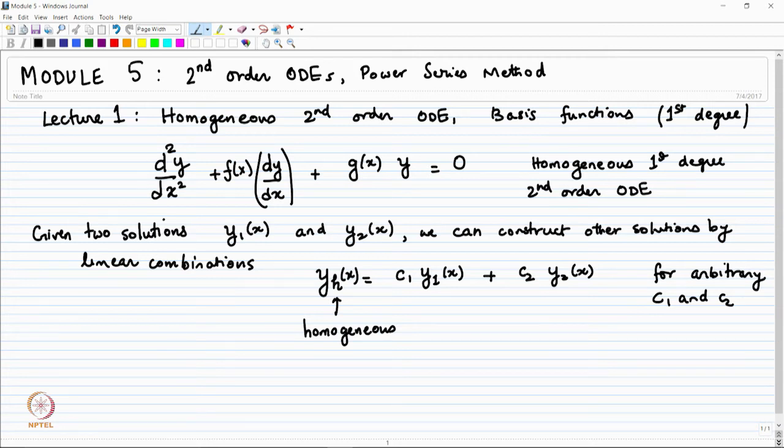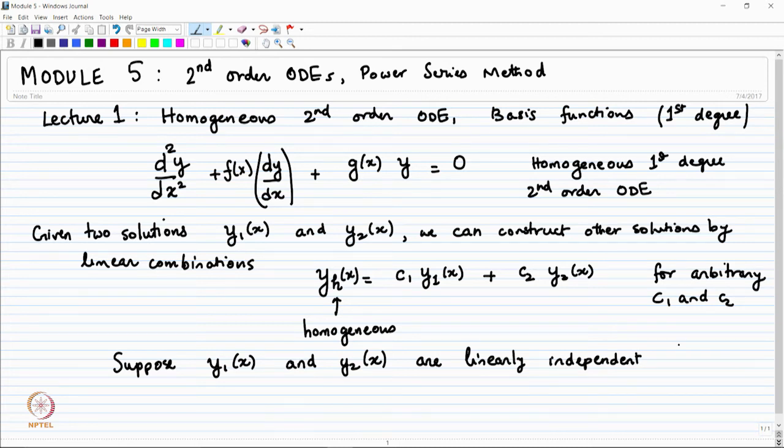Now suppose y1 of x and y2 of x are linearly independent. What I mean by linearly independent is what we think of as linearly independent vectors in a vector space of functions.